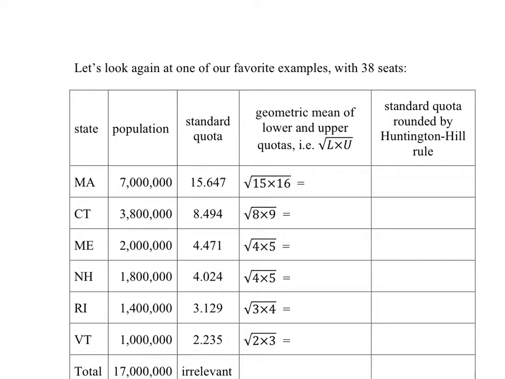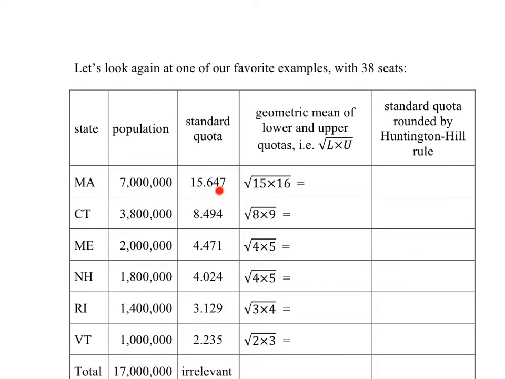This means that after we've found the standard quotas, instead of rounding 15.647 up to 16 and rounding 8.494 down to 8, etc., instead of applying ordinary rounding, we're going to compute for each state the geometric mean of the lower and upper quotas.